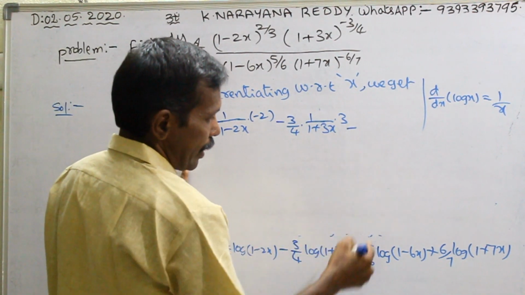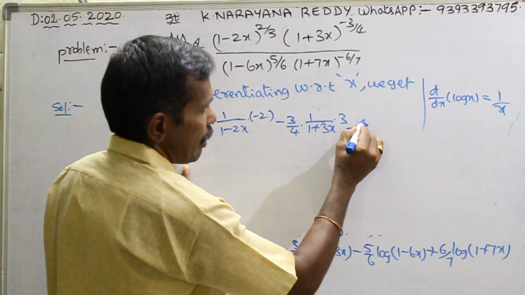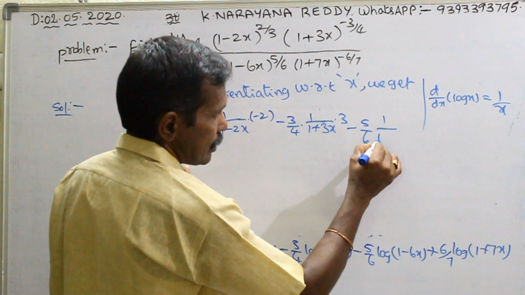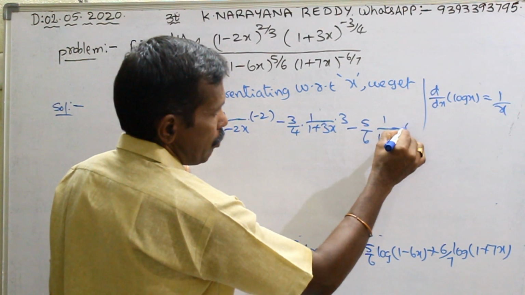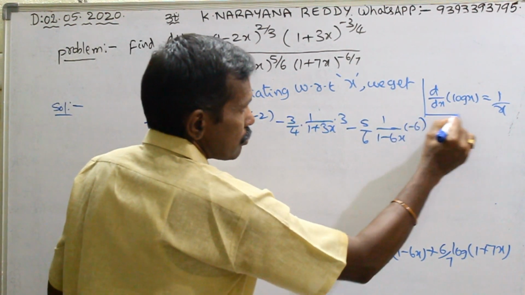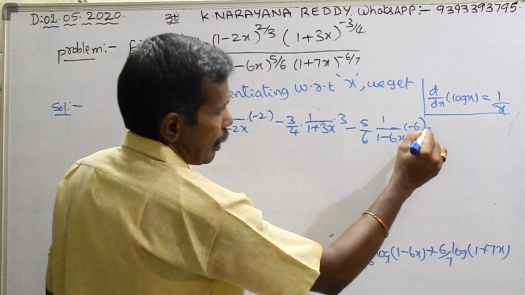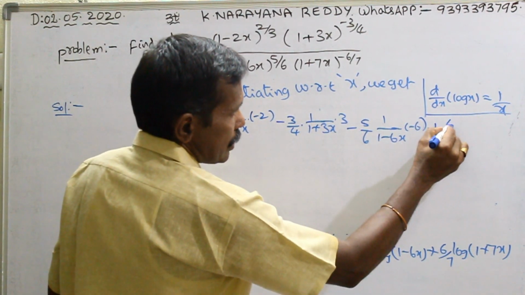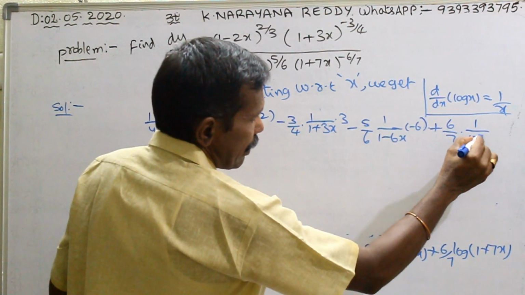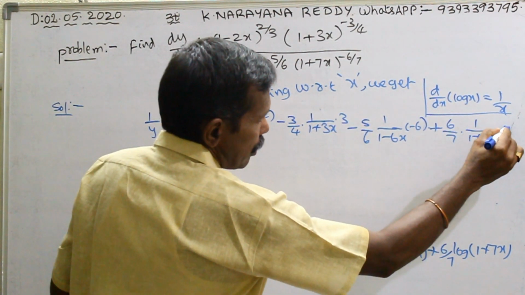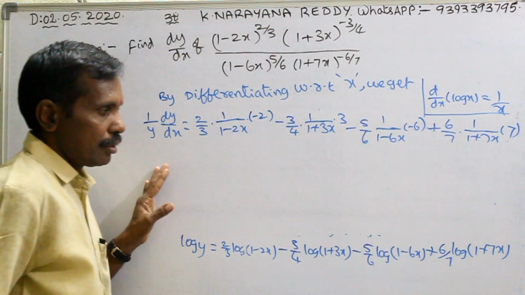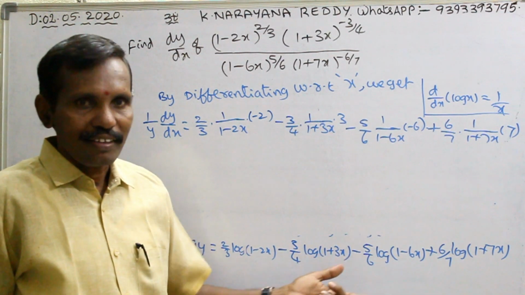Again minus 5 by 6 into 1 by (1 minus 6x) into minus 6. Okay, plus 6 by 7 into 1 by (1 plus 7x) into 7. Okay, now differentiation is over.